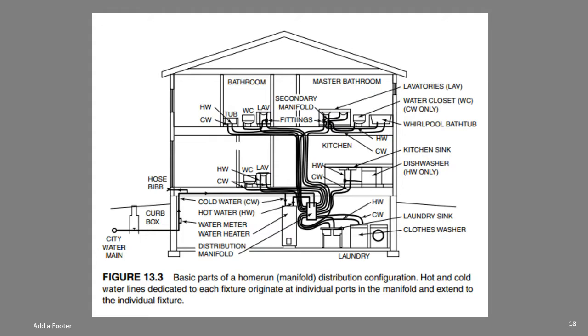Didistribute from the manifold yung water. So this image shows the basic parts of a home run manifold distribution configuration. Hot and cold water lines dedicated to each fixture originate at individual ports in the manifold and extend to the individual fixtures.